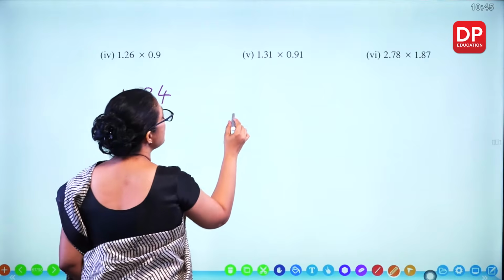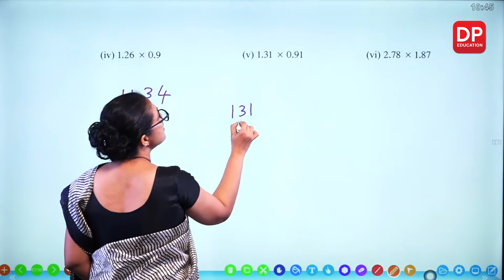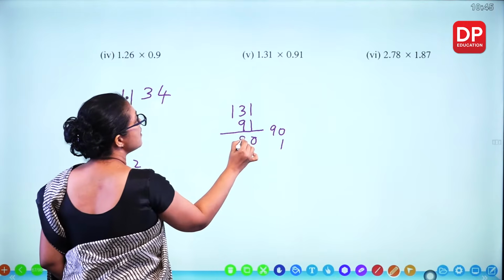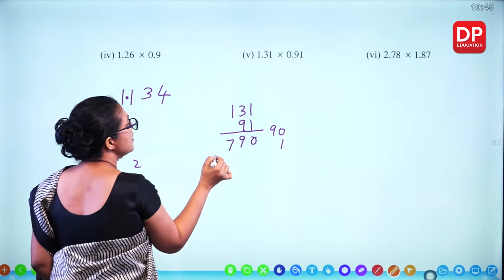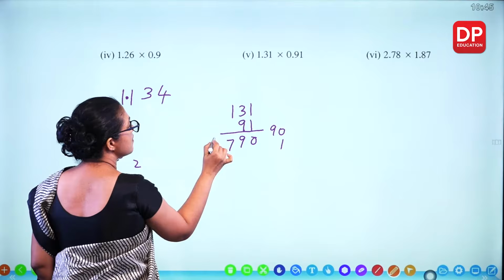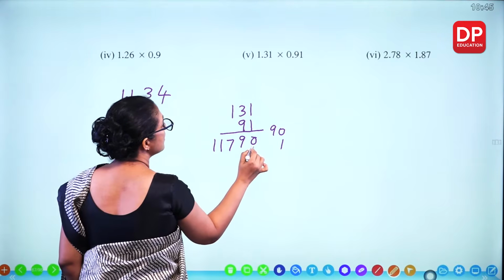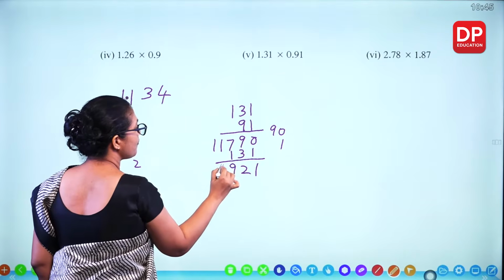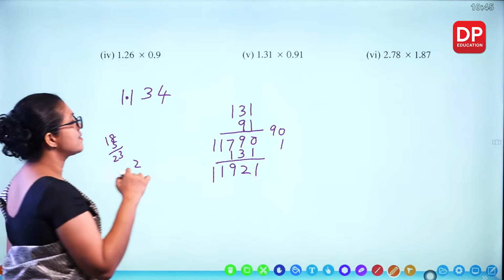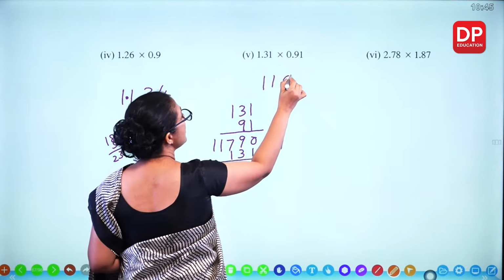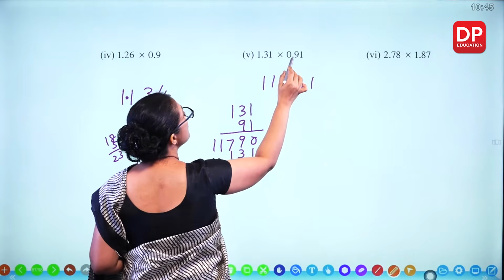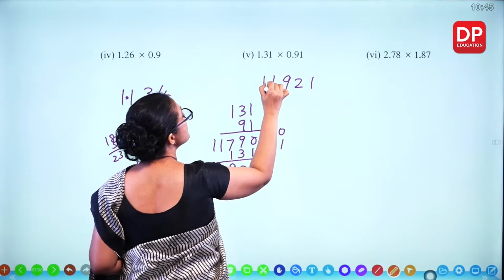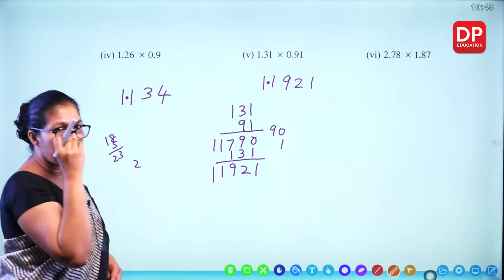You have to multiply by 91. 131 multiplied by 91. 90 and 1. 9, 27. 9 times 1, 9 plus 2, 11. 1, 3, 1. So when you add it, you get this answer. 11921. Altogether, you have to keep 4 places. 1, 2, 3, 4. So the answer is 1.1921.